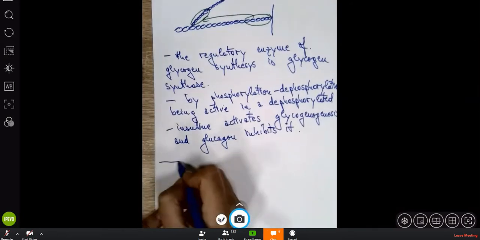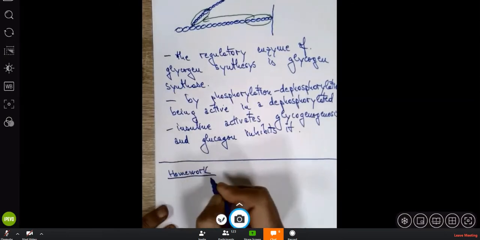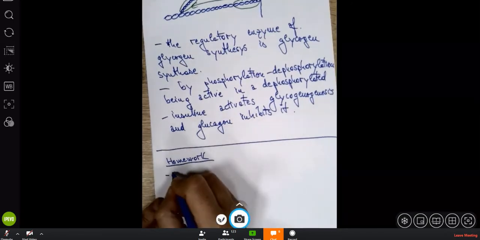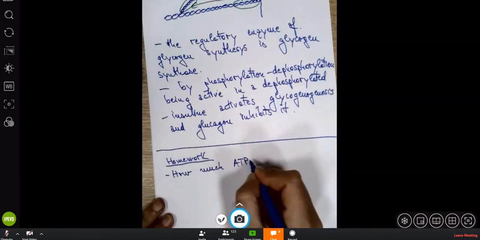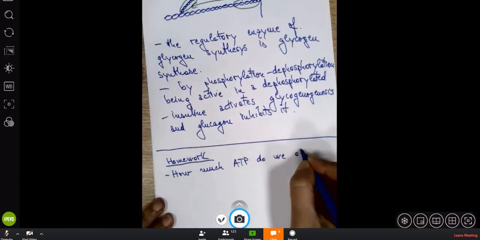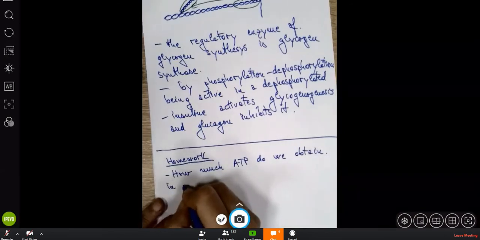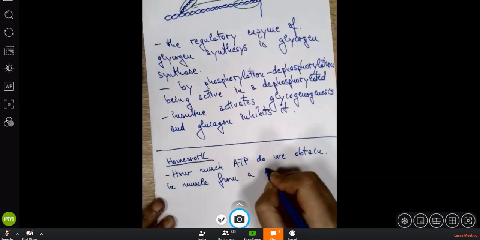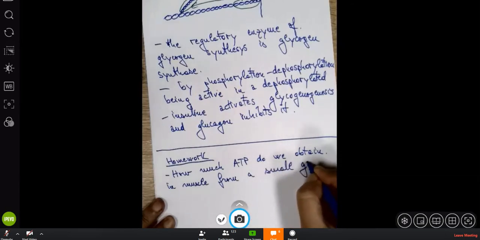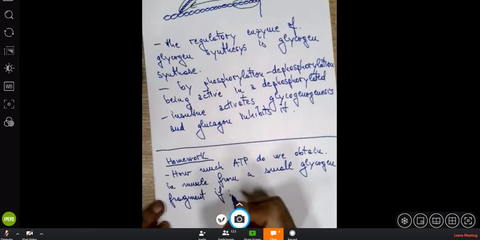Okay, so homework from glycogen. How much ATP do we obtain in muscle from a small glycogen fragment if: 1.